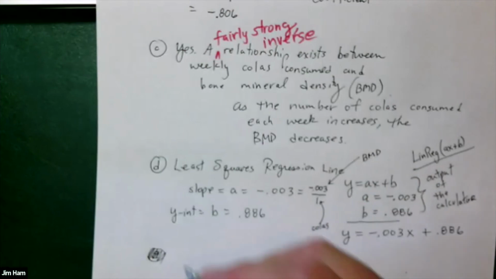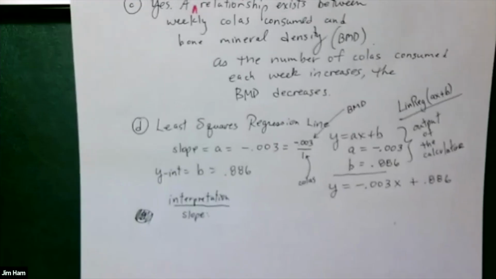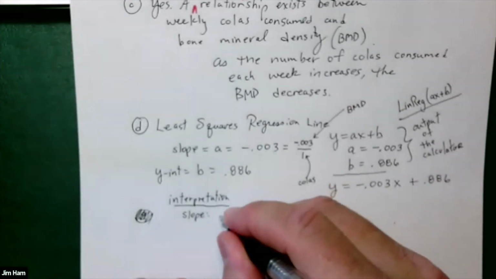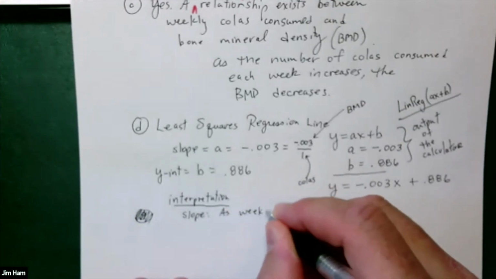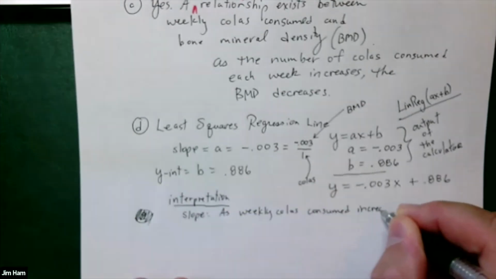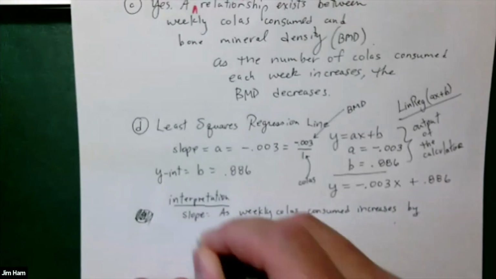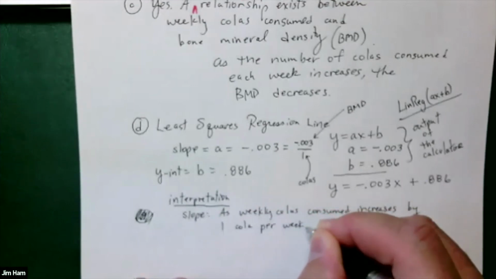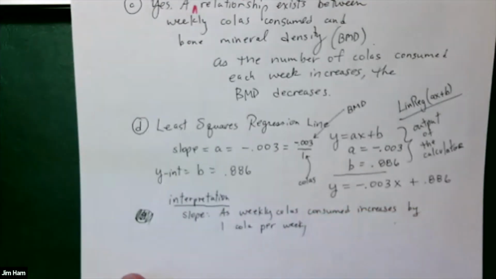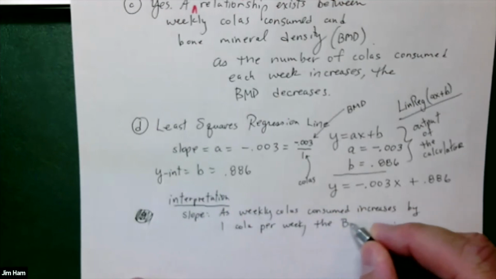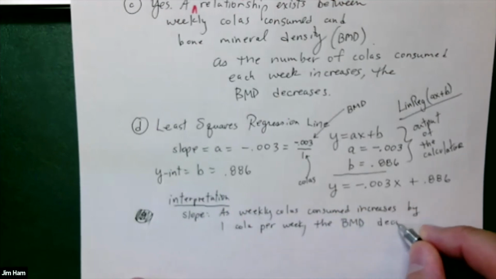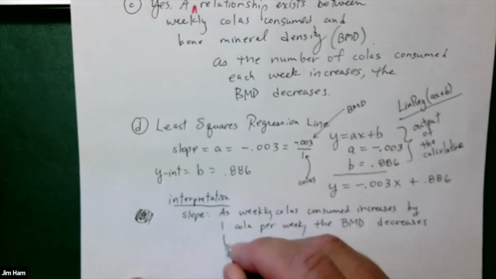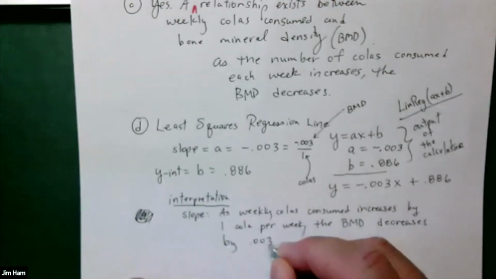And so the interpretation, we would say something like this: as weekly colas consumed increases by 1 cola per week. So basically, as someone increases their cola consumption by 1 cola per week, the bone mineral density decreases because of the negative by 0.003.